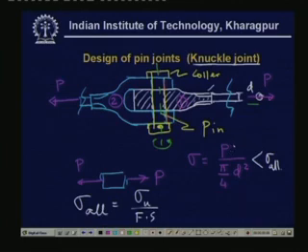Now in this formula, what do we know? We know P, and we know sigma allowable. From this we find out the smallest d required.